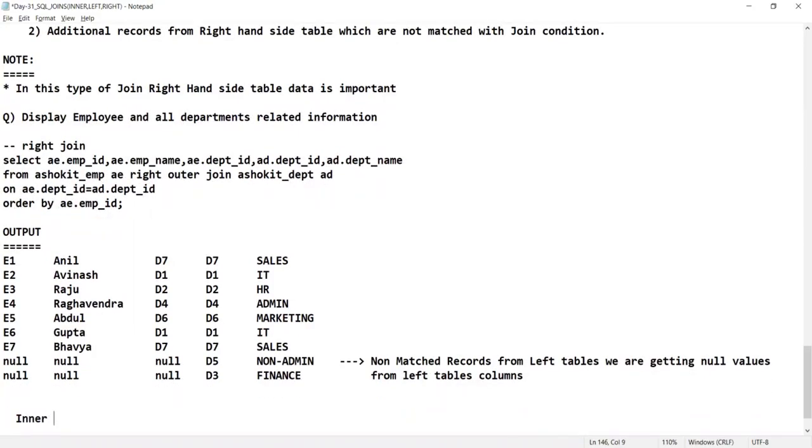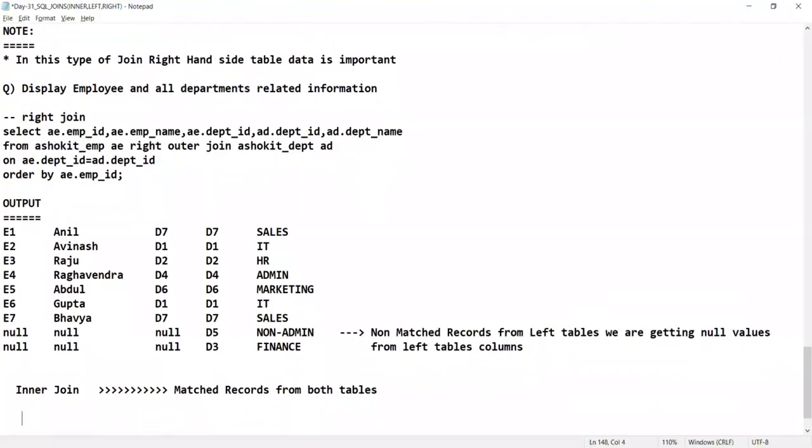Inner join means matched records. Left join means inner join plus additional records from left, sir.